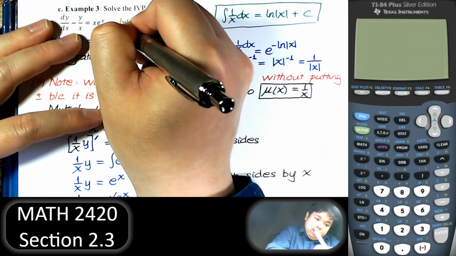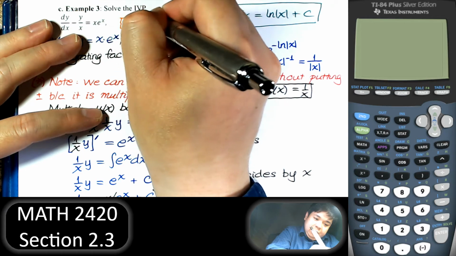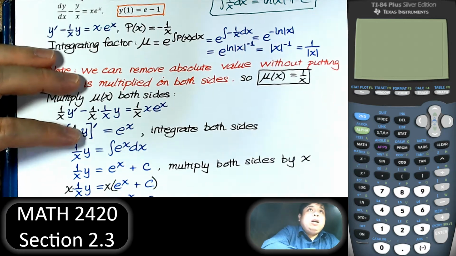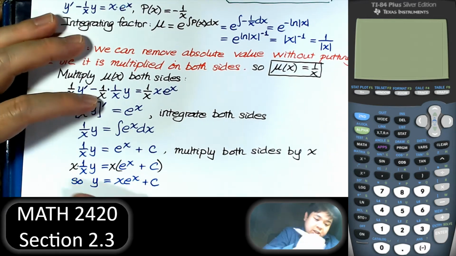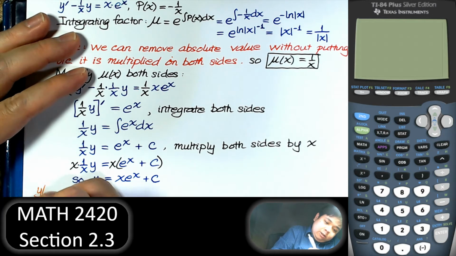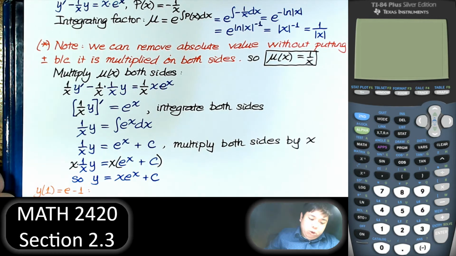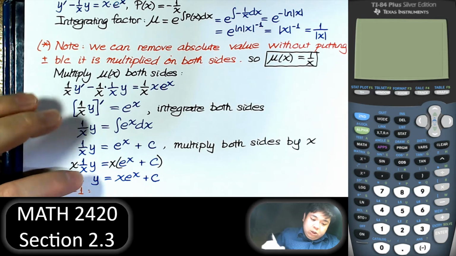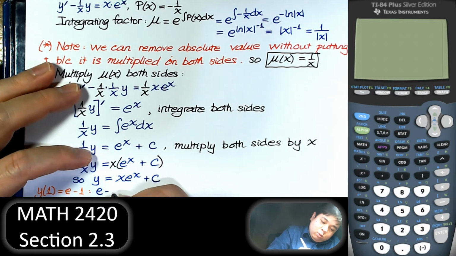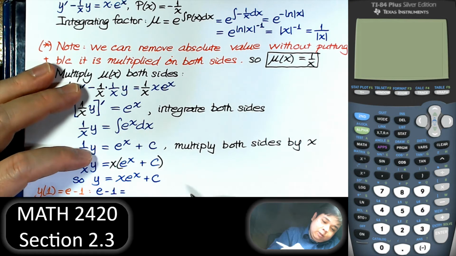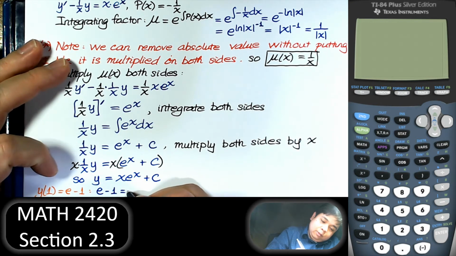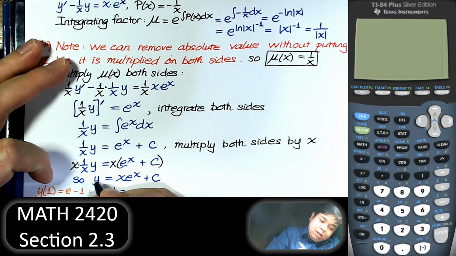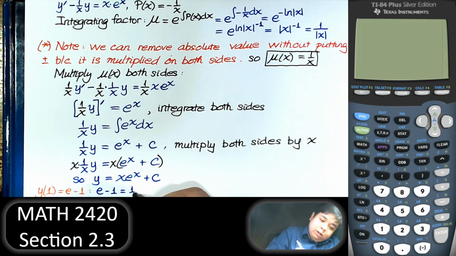We haven't considered the initial condition here. So when x equals 1, y equals e minus 1. Right, so I'm going to put 1 in for x and let that equal y. So y is e minus 1. That is y, and x is equal to 1.